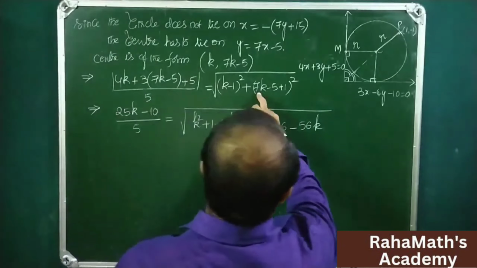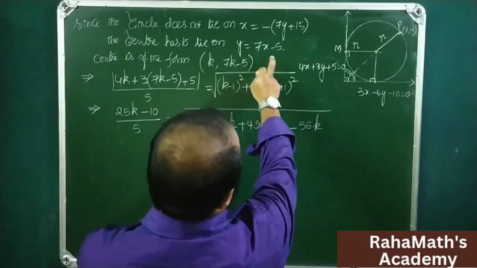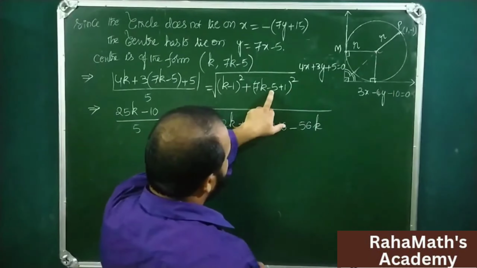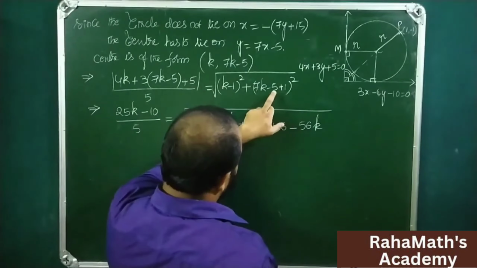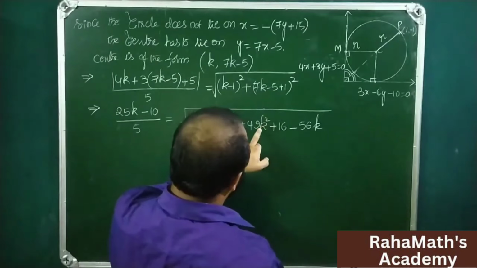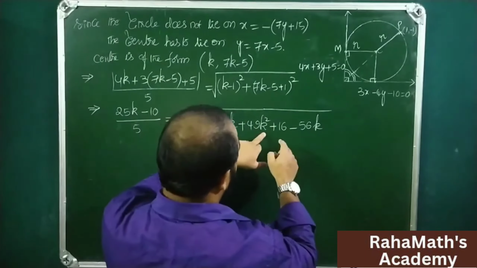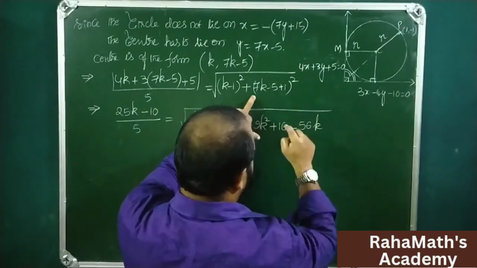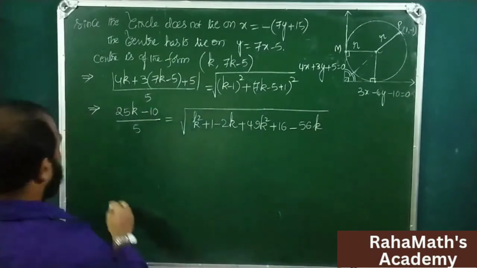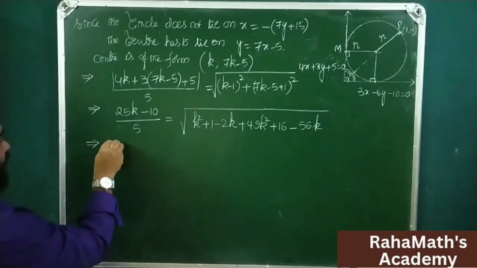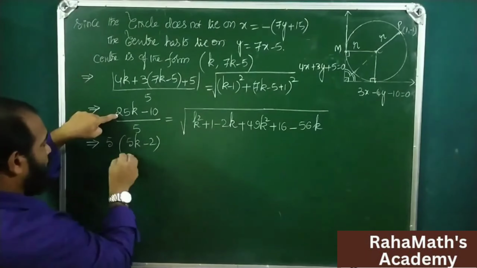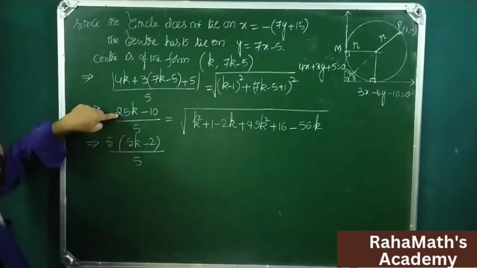So this is 7k minus 5 minus of minus plus 1, so 7k minus 4 whole square. Now if I take 5 as a common factor here, then 5k minus 2 by 5.